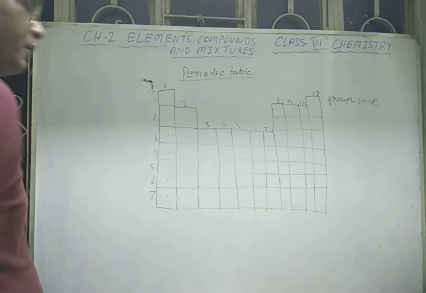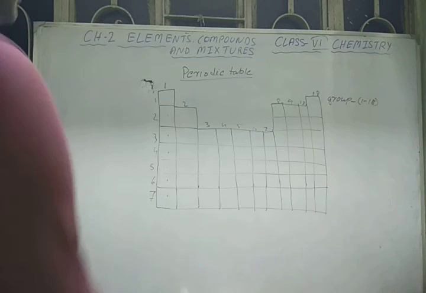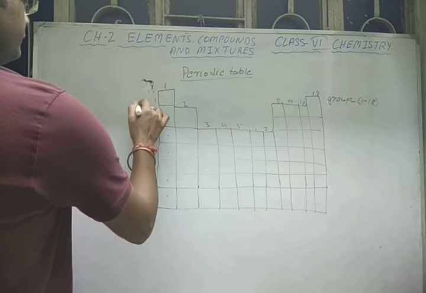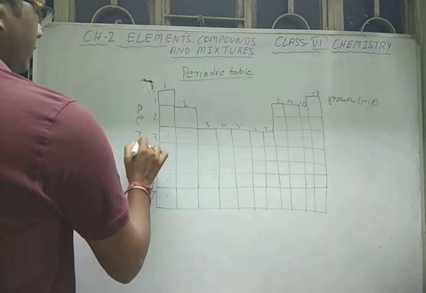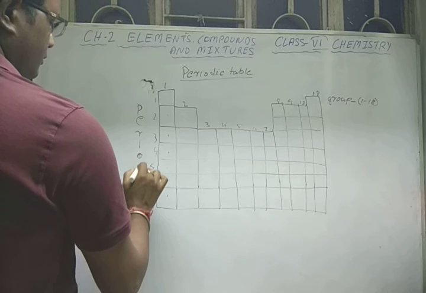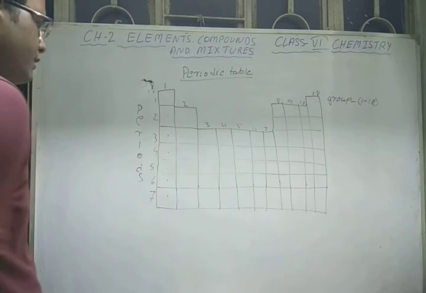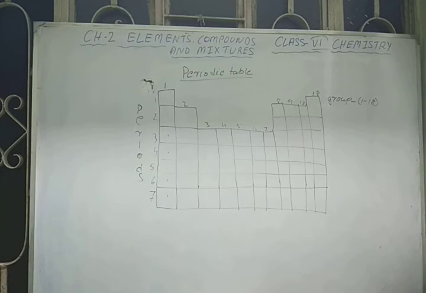So there are 7 horizontal rows, and these horizontal rows are called periods.